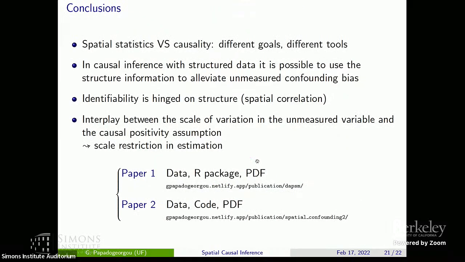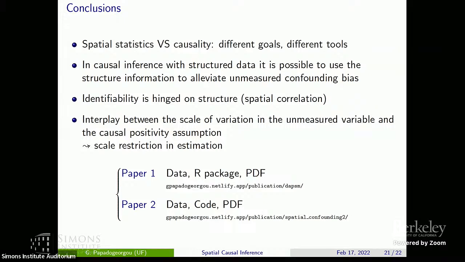All right, so I talked to you a little bit today about spatial statistics and causality, about how the two fields might have similar goals, but they go about it in a completely different way. I do believe that structured data, either that structure comes from spatial or network settings, can create problems and challenges in statistics, but it can also create opportunities.